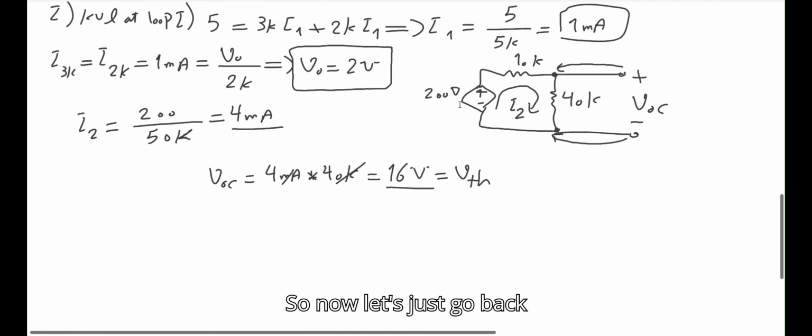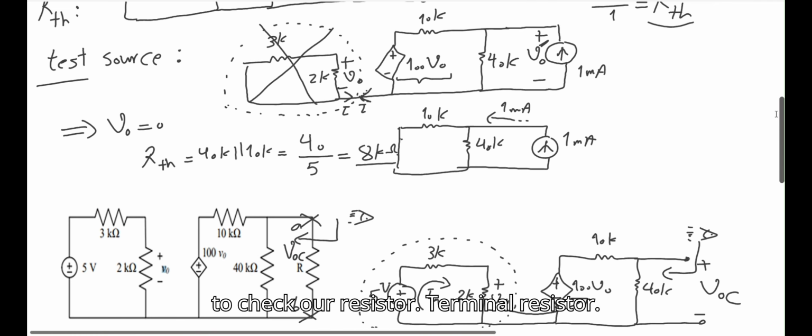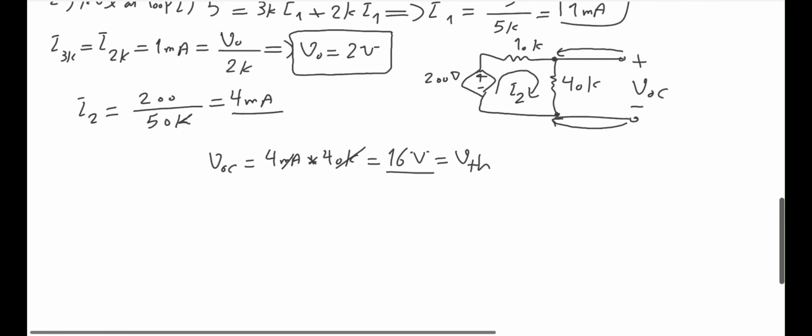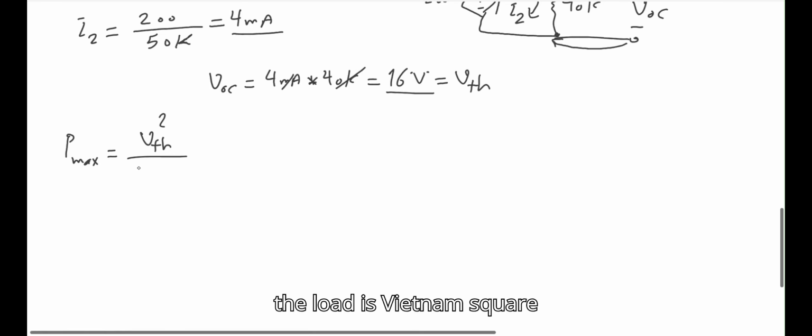So now let's just go back to check our Thevenin resistor, which we have here, 8k, and here the Thevenin voltage is 16 volt, and the max power transferred to the load is V Thevenin square over 4 times R Thevenin.